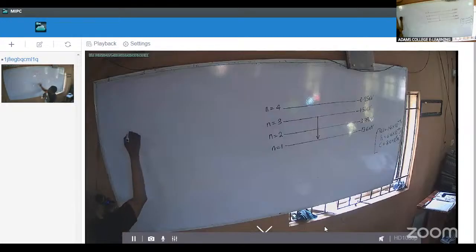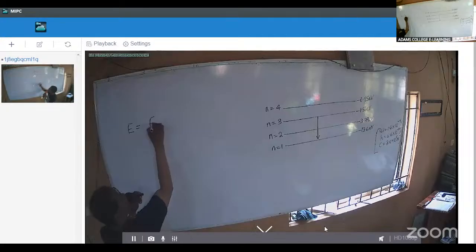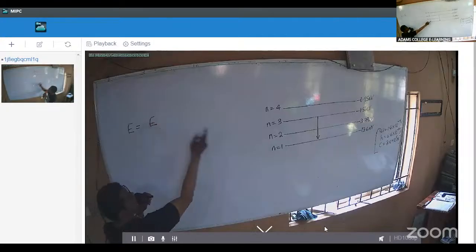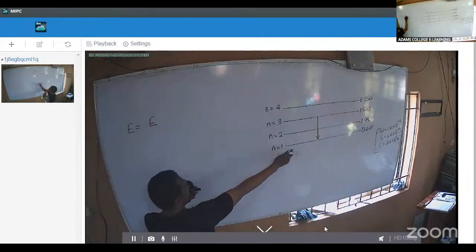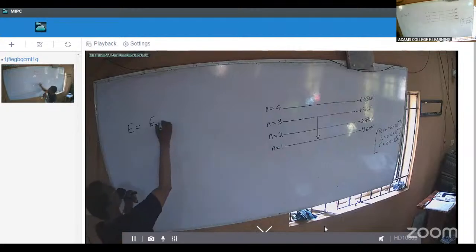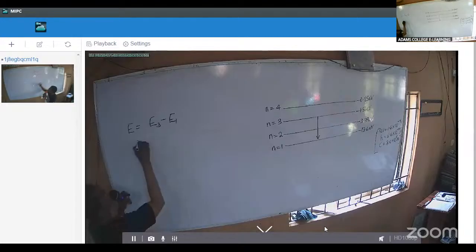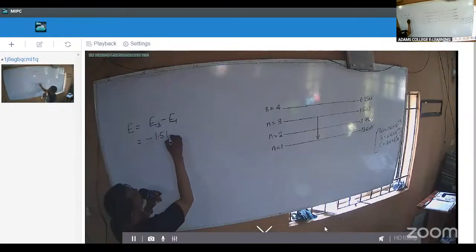Let's find our energy. You are coming from 3, so we're going to have E3 minus E1. That's the energy emitted. What's your E3? Minus 1.51. What's E1?